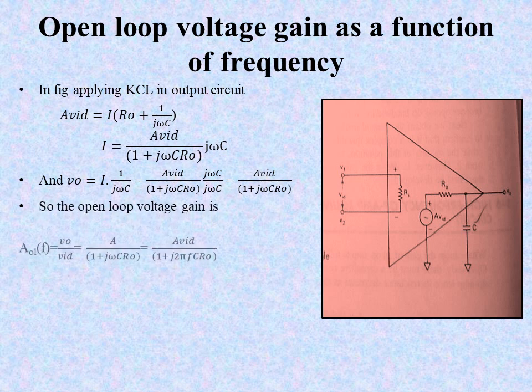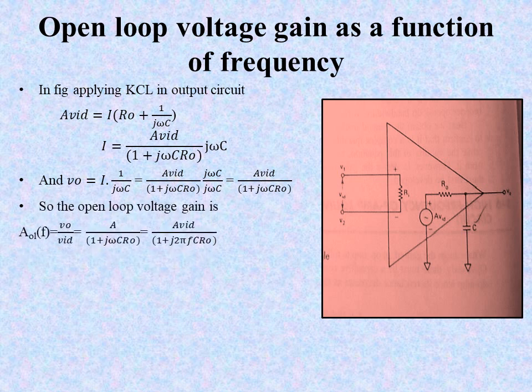So AOL here is the open loop gain, and it is considered a function of frequency. So I have written f in brackets. Here you can see in place of omega I have written 2 pi f, where f is the operating frequency.